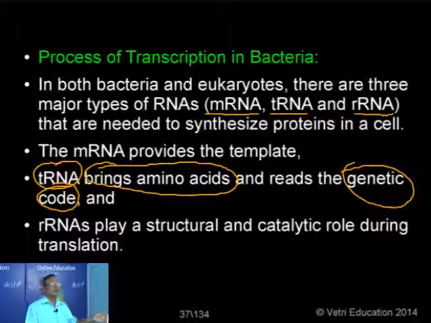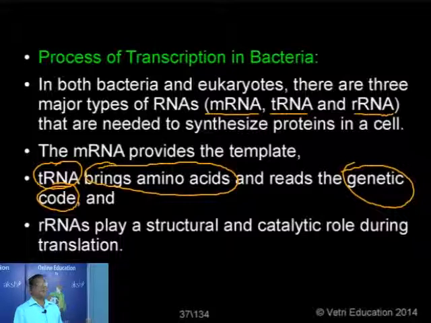Then the tRNA reads the message, because mRNA only comes from the nucleus, the tRNA is found in the cytoplasm. So after transcription, the mRNA leads towards the cytoplasm, where the message is read by the tRNA in the form of genetic code, and accordingly it attaches the amino acid to itself and brings it to the place of protein synthesis, namely the ribosomes.